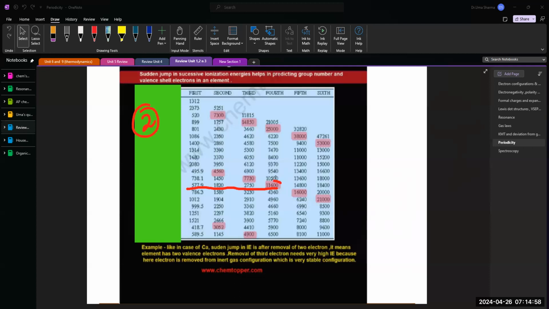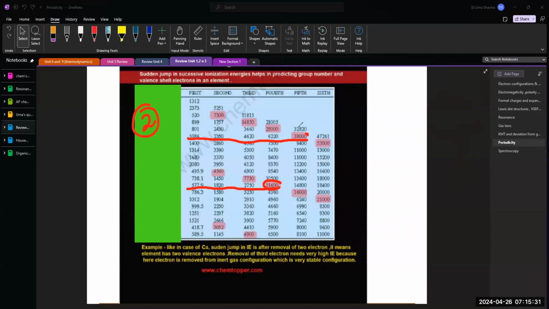The fourth ionization energy is a big jump from 2000 to 11,000. So which element is this? Yes, it is boron. And which element is this one? Yeah, it is carbon.